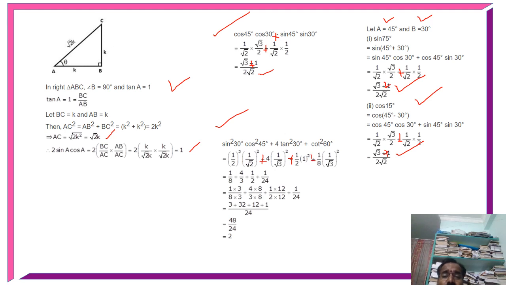After simplifying, 1 by 4 into 1 by 2 is 1 by 8, plus 4 into 1 by 3 is 4 by 3, plus 1 by 4 is 1 by 24 in the combined form. After simplification we got 48 by 24, which is 2.